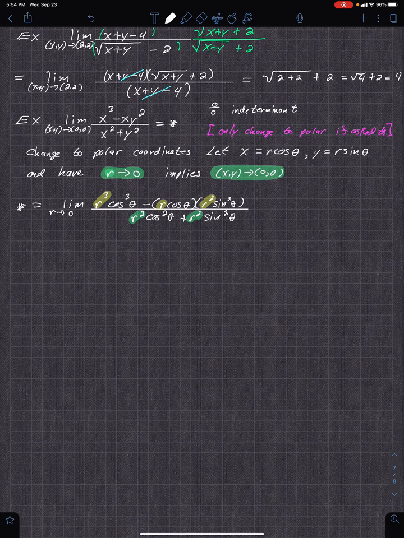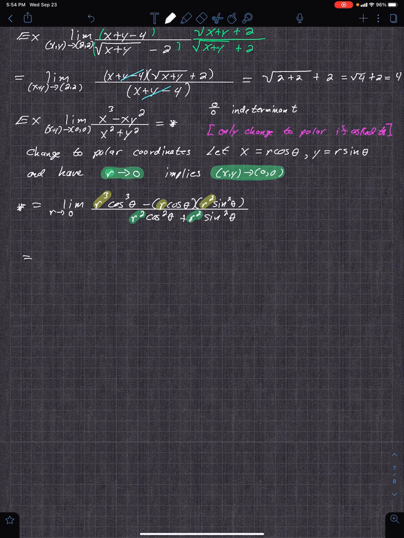So we can factor out the r cubed, and can't forget the limit. Let's come down here because it gets kind of messy and long.